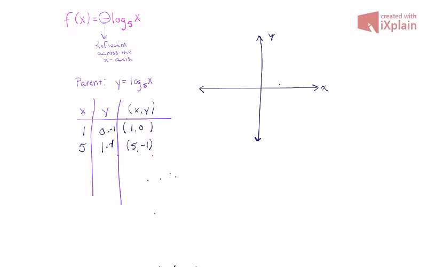In this case, we haven't noted any horizontal transformations, so our asymptote is actually going to rest right on top of the y-axis. And we'll go ahead and plot our points at 1, 0, and then at 5, negative 1.